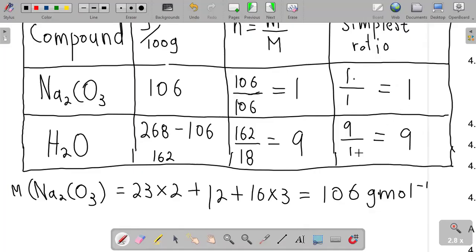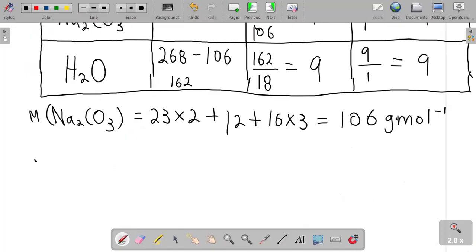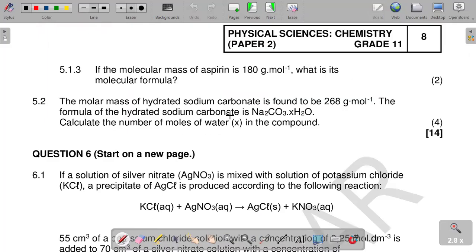So this means that therefore the X, we get it from H2O, from the simplest ratio. So X equals to 9. That's our answer. That's the X that they're looking for here. Number of moles of water, X, in the compound.